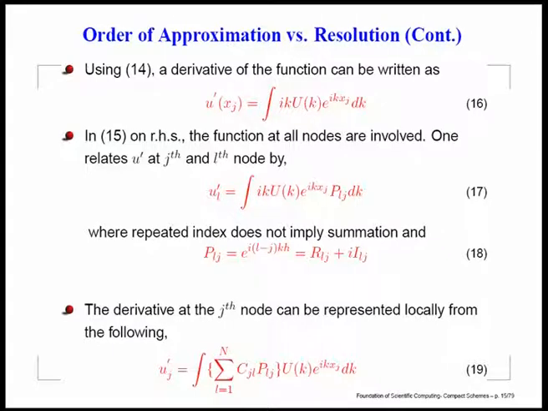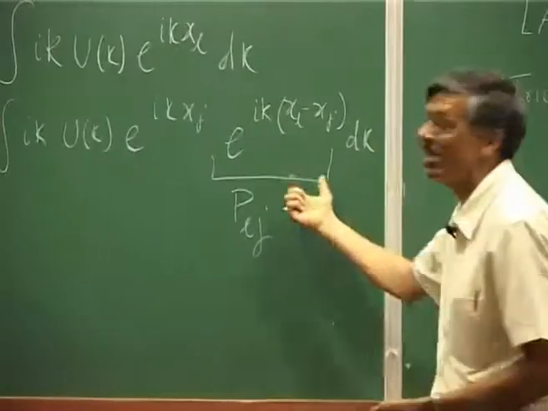Although my derivative on the left hand side relates to the Lth point, I am evaluating the phase at all the jth nodes. If I just look at one particular point xj, then I need to multiply by this projection operator. That is what we have written here.